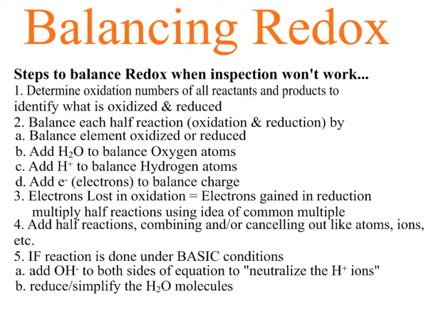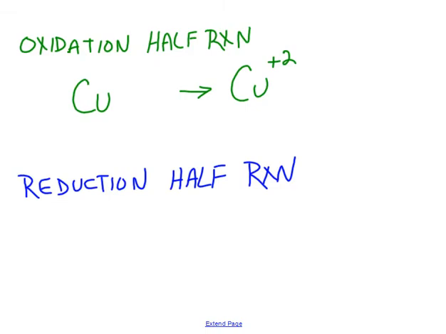If we go back to the second step, we're going to balance what is called the oxidation and reduction half reactions. And there's a series of steps that we're going to go through. So I'm going to set it up and show you how we do that. So as indicated, first of all, we want to list the element that's oxidized or reduced. And I've done this on the first slide.